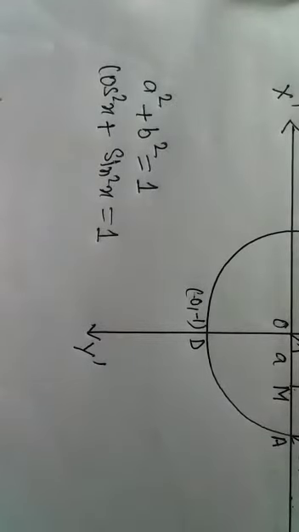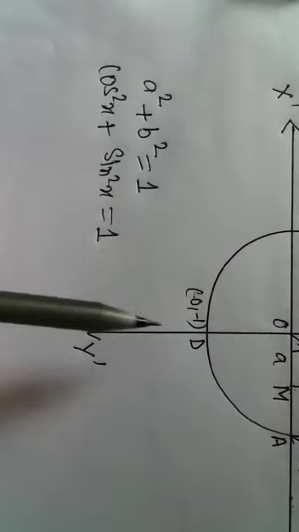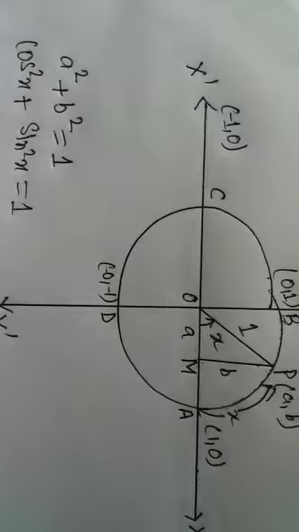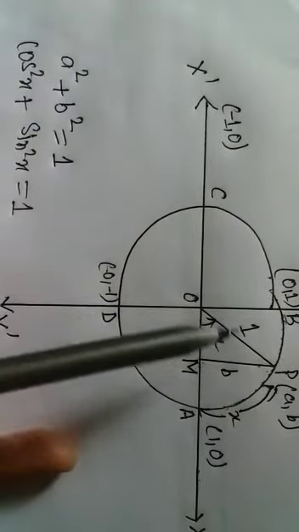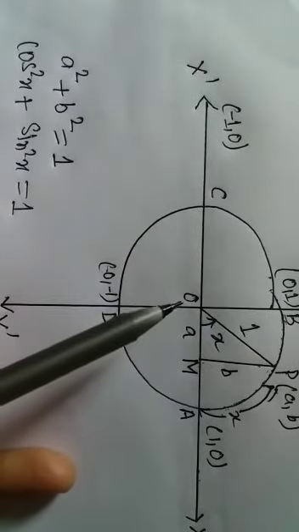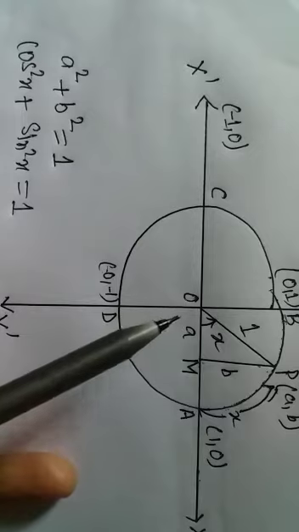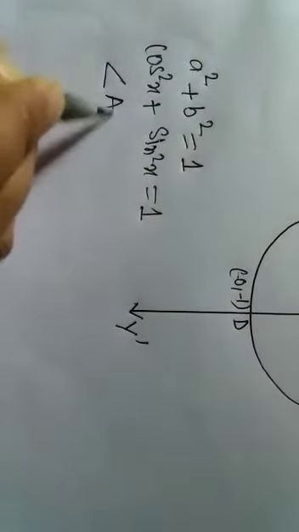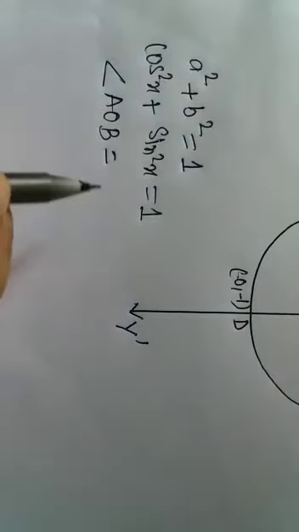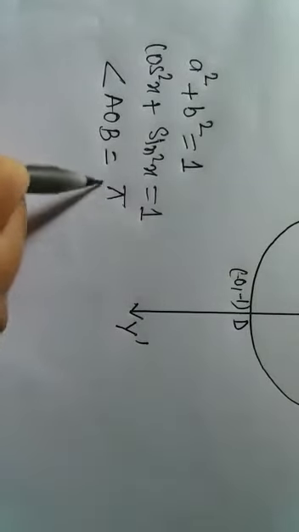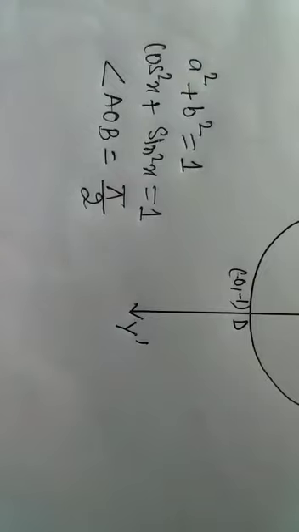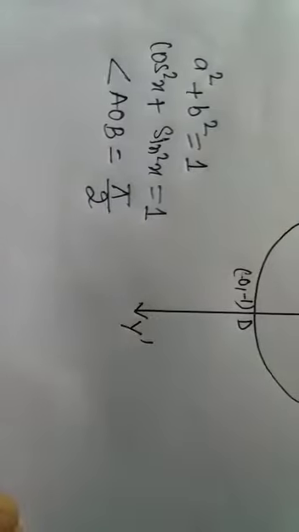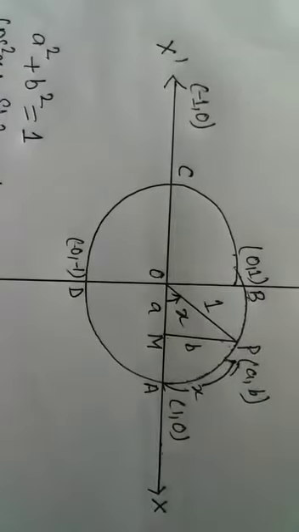Since one complete revolution subtends an angle of 2 pi radian at the center of the circle, here angle AOB is equal to pi by 2.